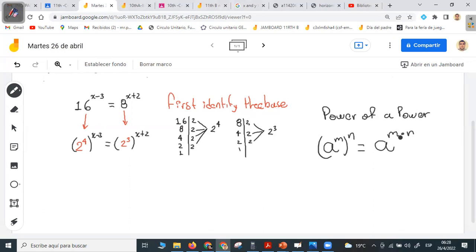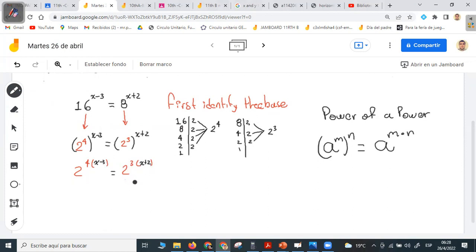So you're going to have a new power, but with the product of those exponents. It means that here we're going to have the 2 that stays there, and 4 times the exponent already there, which is x minus 3. Something similar for the other one: that 2 already there, and 3 times the exponent already there, which is x plus 2.